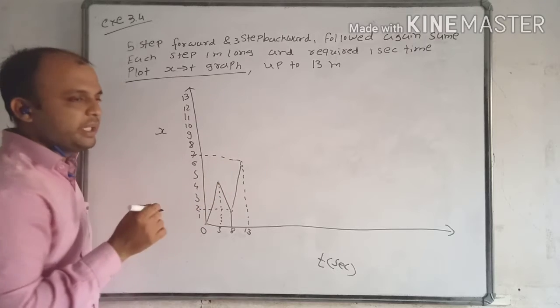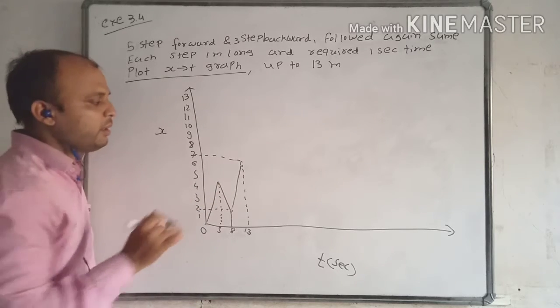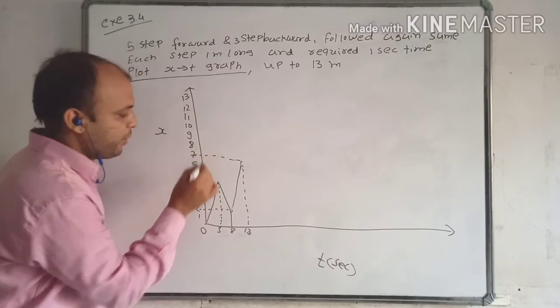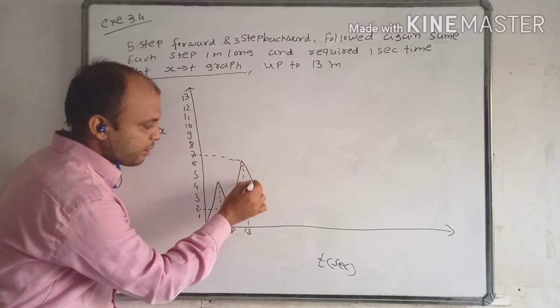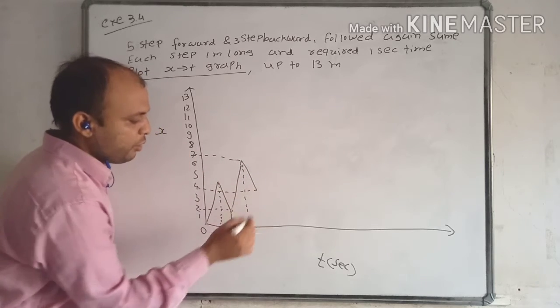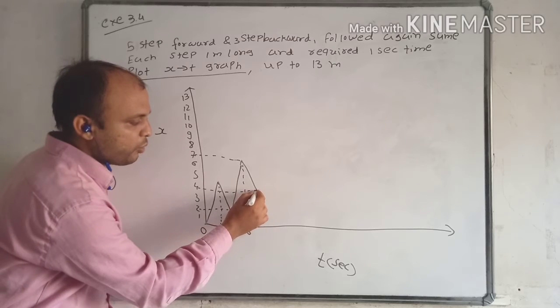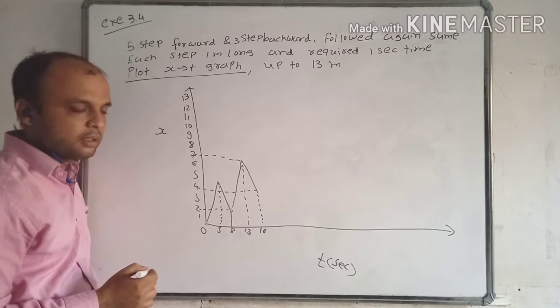On reaching 7 meters, he again returned 3 steps backward, so he reached 4 meters. Another 3 seconds are required to step backward, that is 16 seconds.